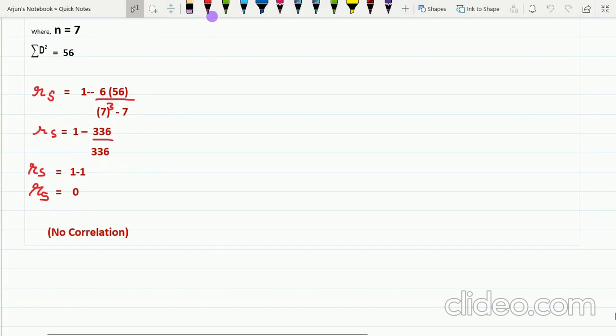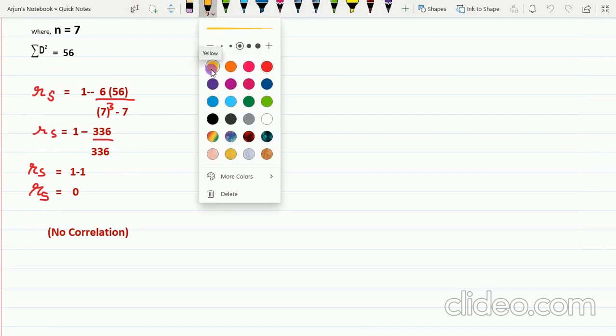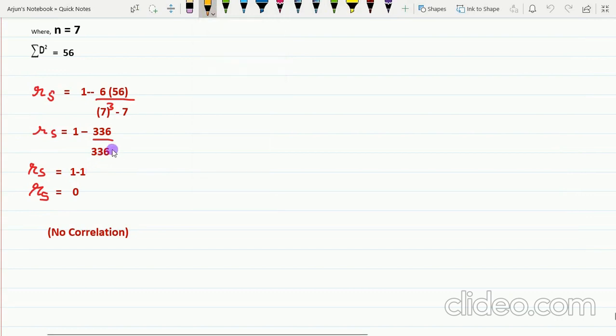So 336 divided by 336 is 1, and 1 minus 1 equals 0.